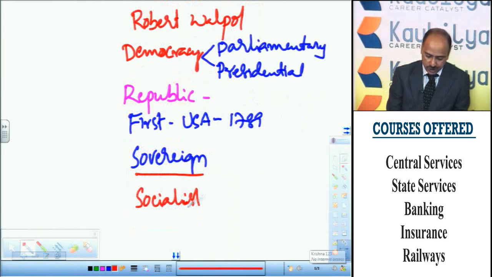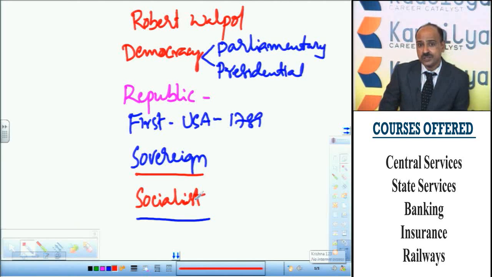Next, socialist. Socialist means to establish an egalitarian society. An egalitarian society means wealth must be distributed among the people of India. At that time, an egalitarian society is possible.